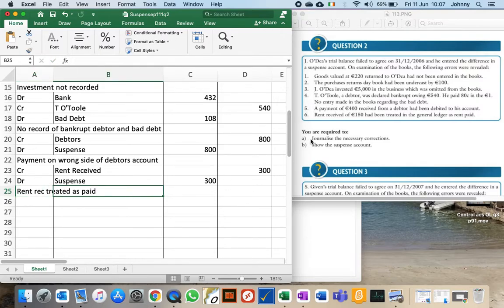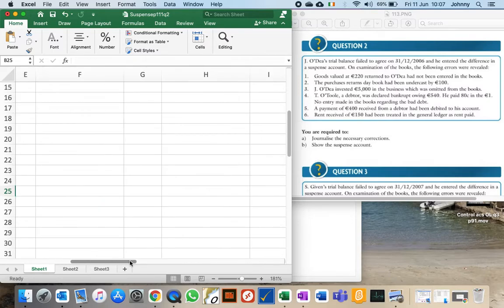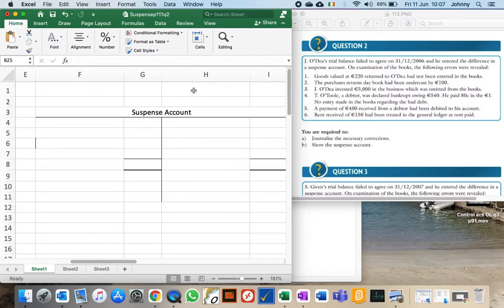So I've now dealt with the journalizing of the necessary corrections. Now I need to go and do my suspense account. So I take this information, and anytime I see the word suspense mentioned, I need to put that into my suspense account. So if I just go back up to the suspense account I created here. So it's a blank document ready for me to put numbers into it.